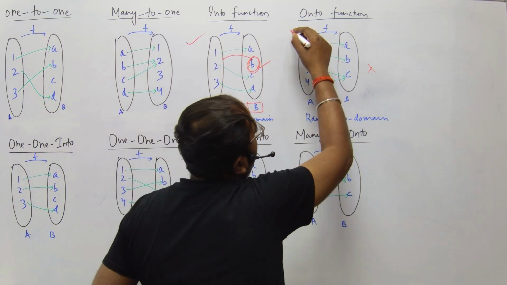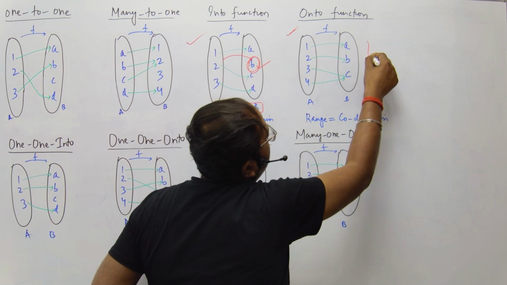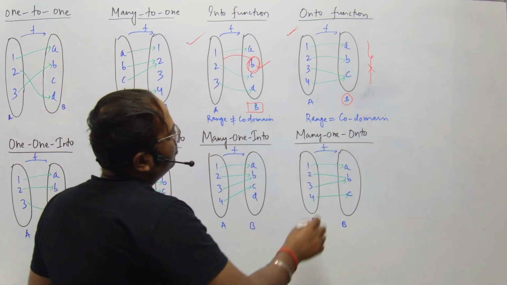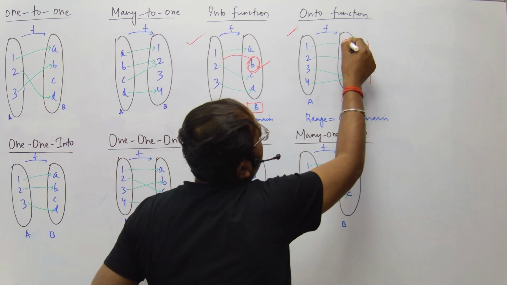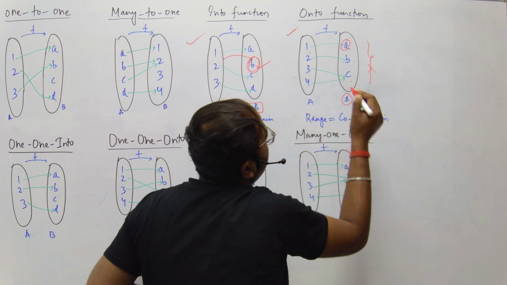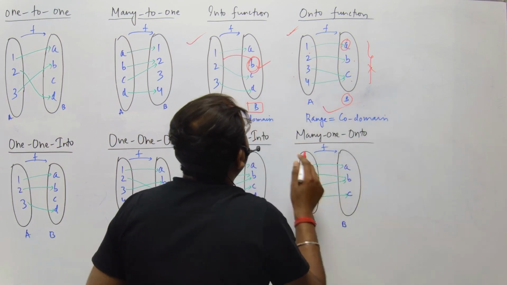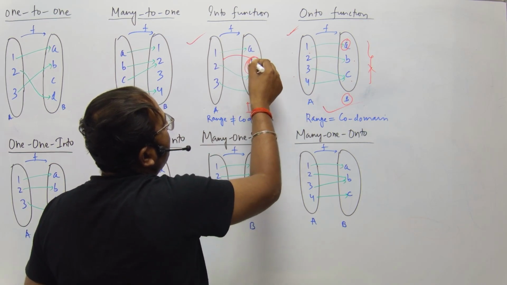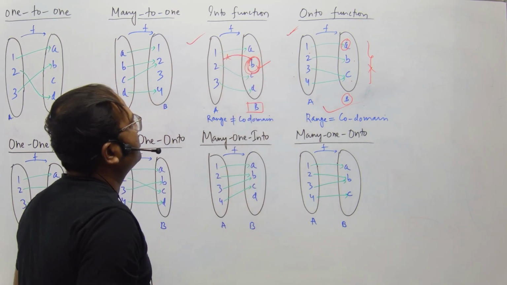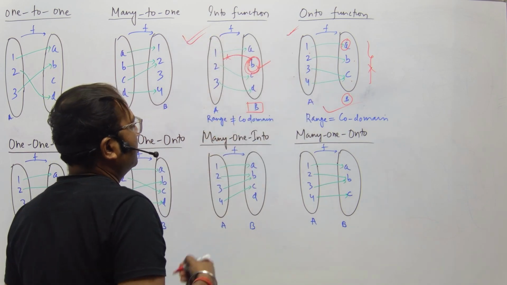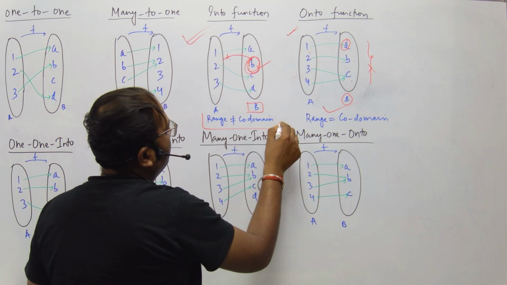And in case of onto function, no such element will exist in set B which does not have a pre-image. So every element A, B, C is having a pre-image in set A. So this is onto function. But in case of into function, there exists an element in set B which is not having any pre-image in set A. So this is the definition of into function, and the condition here is that range is not equal to codomain.